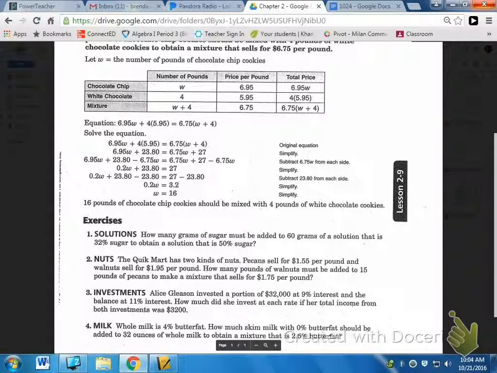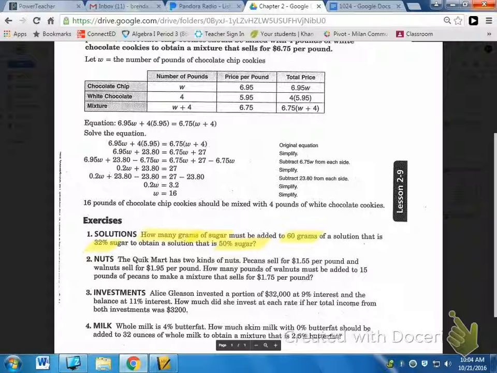When you're doing these problems, you really need to go through and pick out the important things. We want to know how many grams of sugar. You're going to add it to 60 grams of a solution that's 32%. You want to obtain a solution that's 50%. All of those things are very important to be able to fill in our chart.